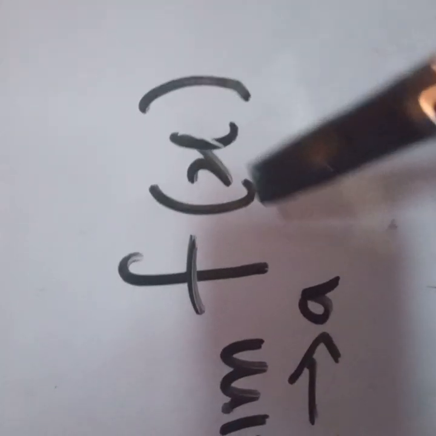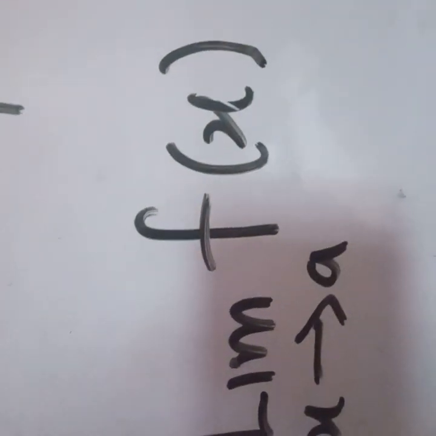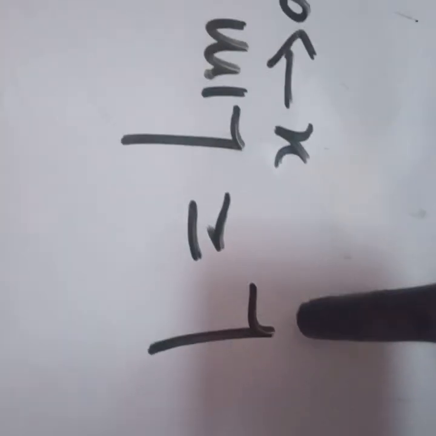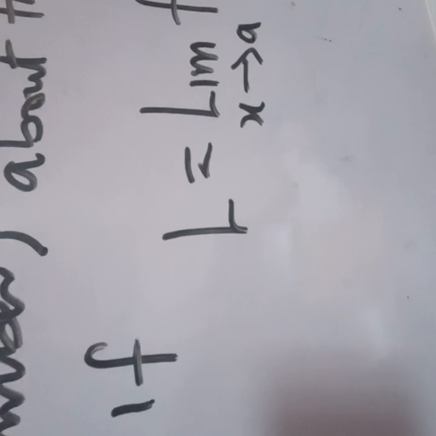Whenever we see x in an expression of f of x, we put a. After computing, the result is L, and L is a real number. We say that the limit of such a function exists.